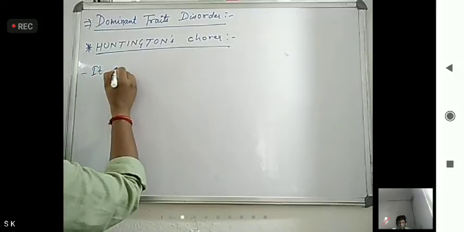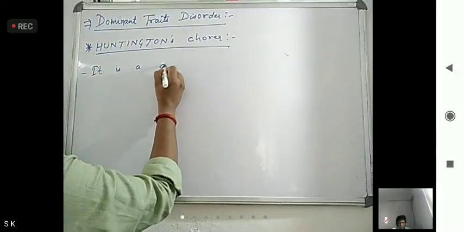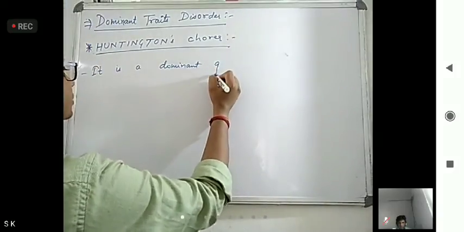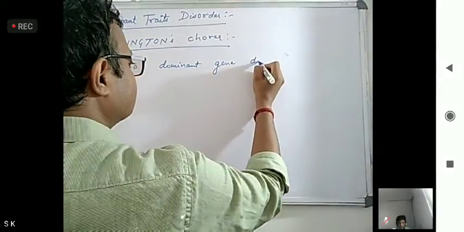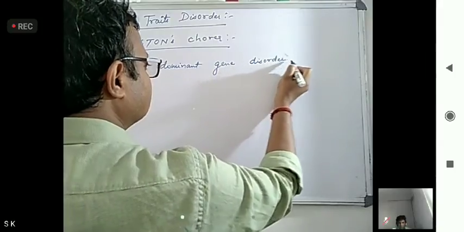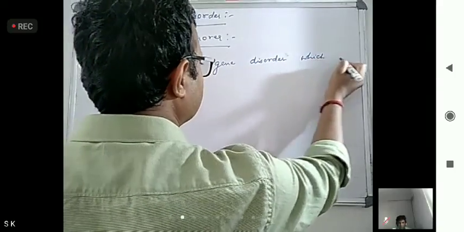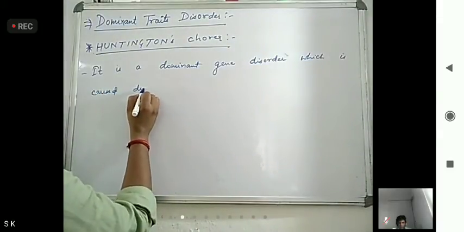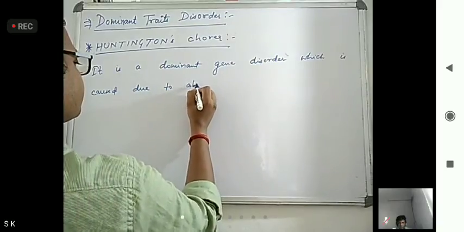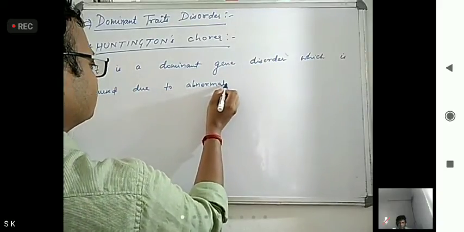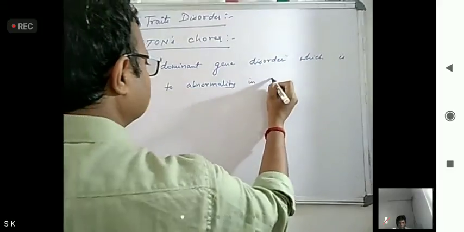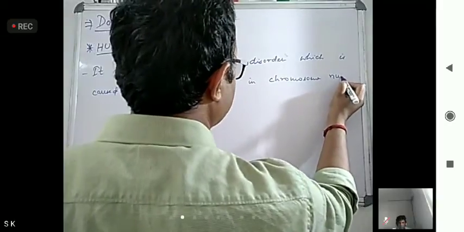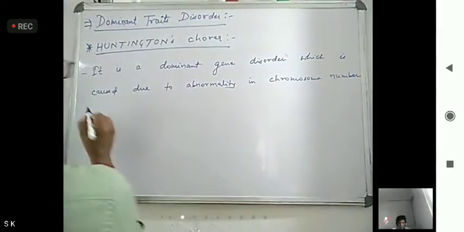So it is a dominant gene disorder which is caused due to abnormality in chromosome number 4.